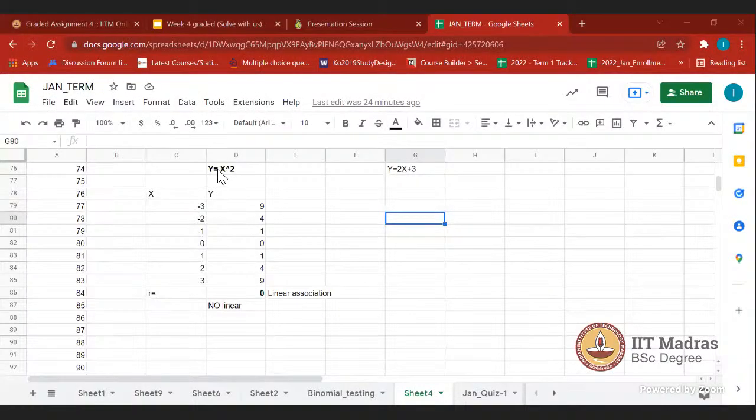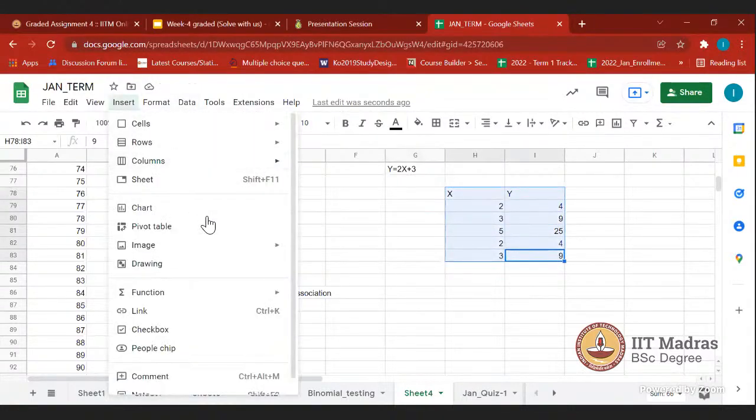Okay, see, that thing is also possible, but here you have seen the data is very small. 2, 3, 5. I think this is the data, right? 4, 9, 25.